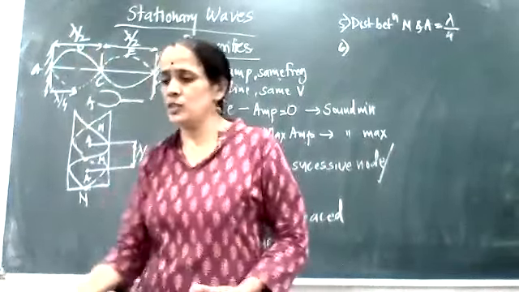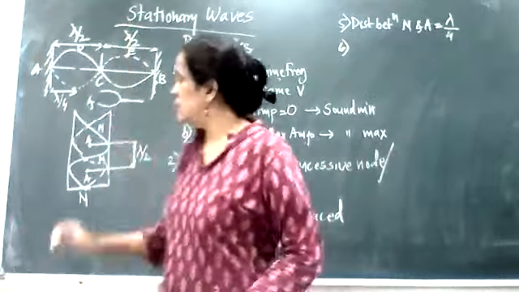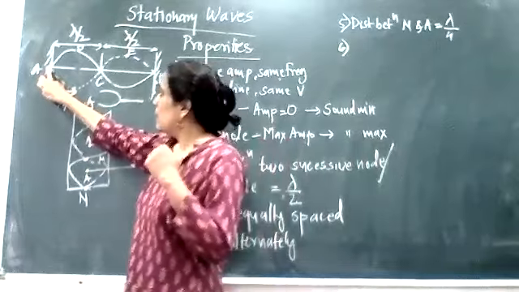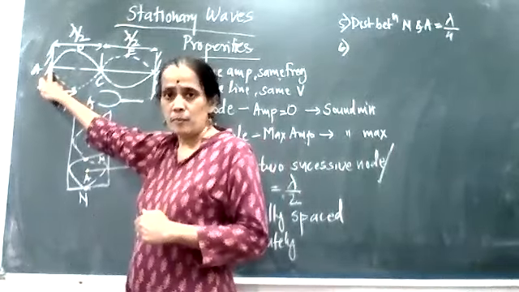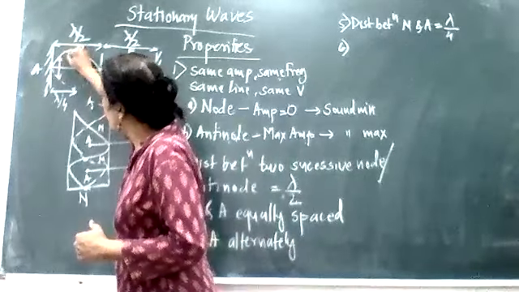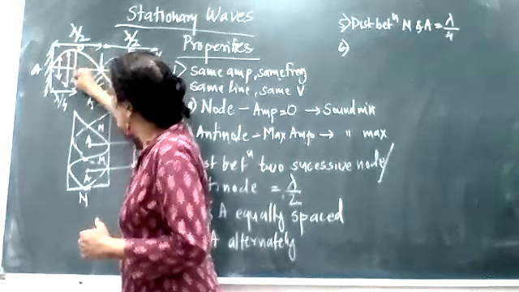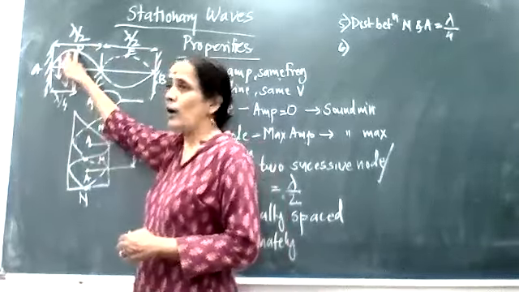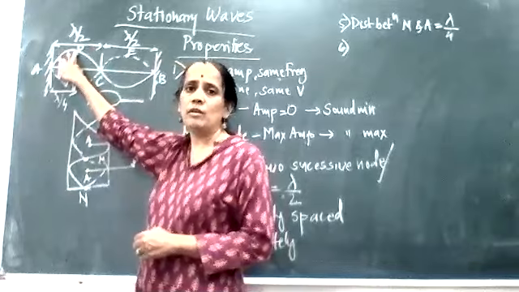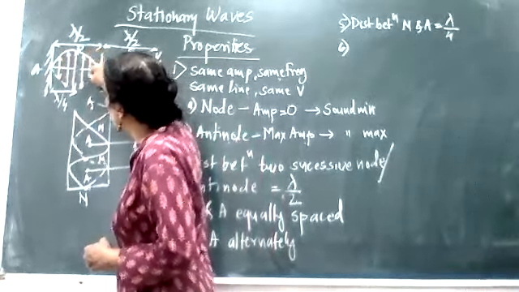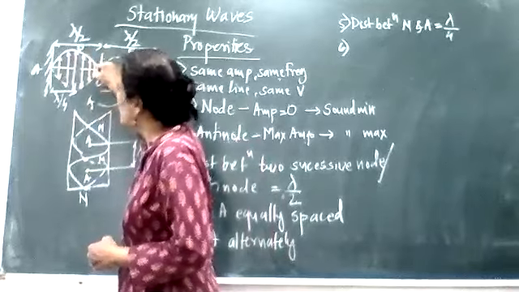Then number 6. If we concentrate on this transverse loop, at the node your amplitude is minimum. But when the vibration reaches towards the antinode, the amplitude of vibration goes on increasing. Means from node to antinode, amplitude increases. And again from antinode to node, your amplitude goes on decreasing.